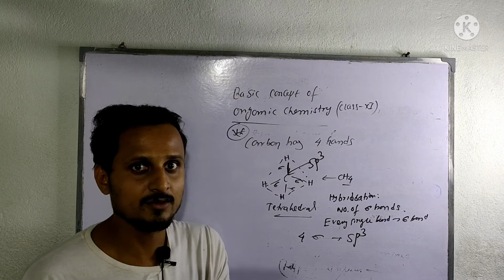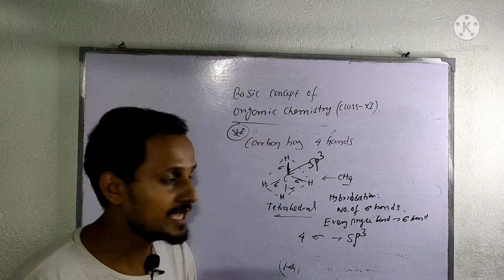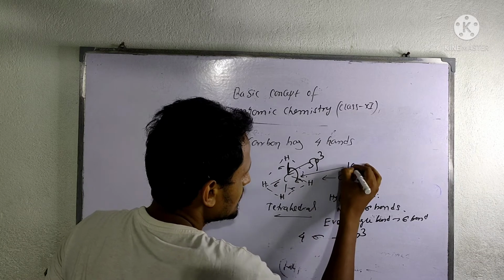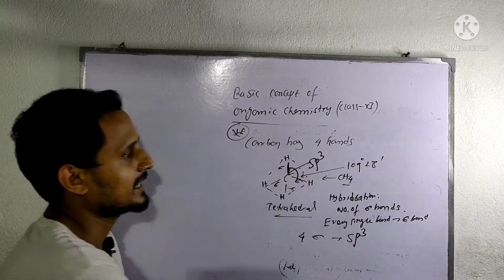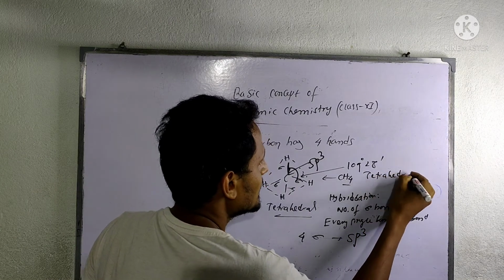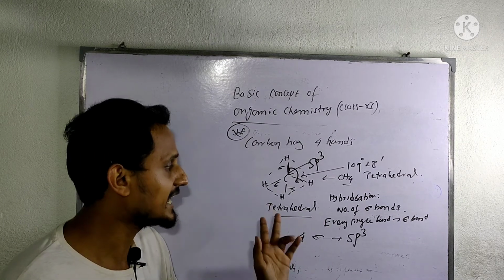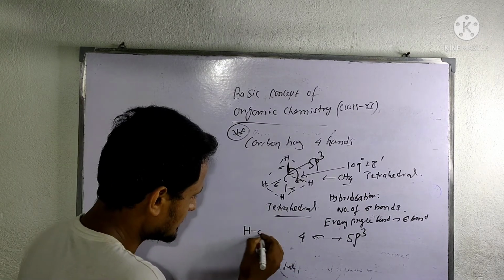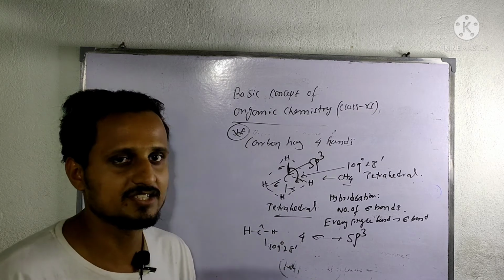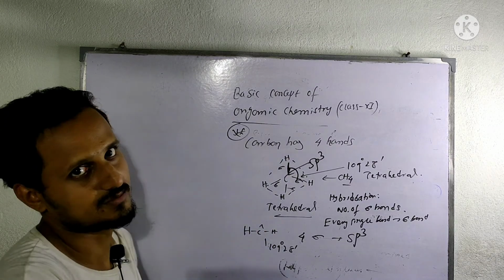From chemical bonding, we know that if the hybridization of the central element is sp3, then the HCH bond angle is 109 degree 28 minute, and the geometry of the compound is tetrahedral. That's why methane is tetrahedral in nature, the HCH bond angle is 109 degree 28 minute, and hybridization is sp3. So every single bonded compound is sp3 hybridized.